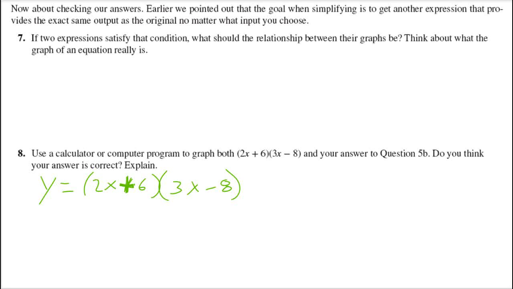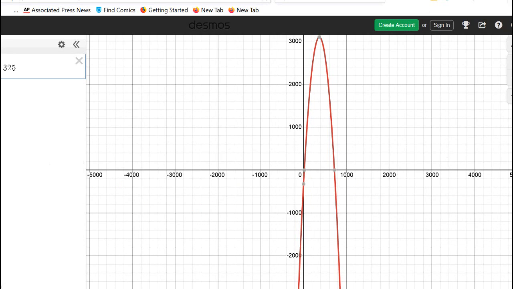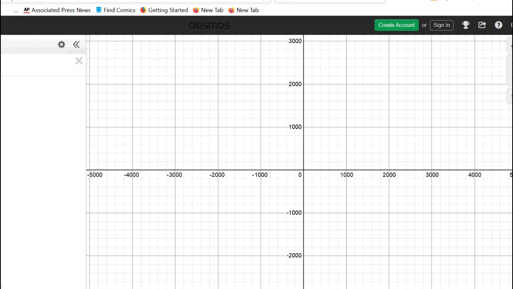And I believe we found that that was the same as y equals 6x squared plus 18x minus 16x minus 48. So go to Desmos, see if you can get those answers, or see if you can graph those, and restart the video once you're done.